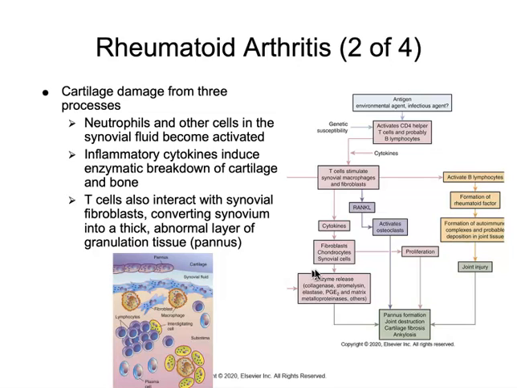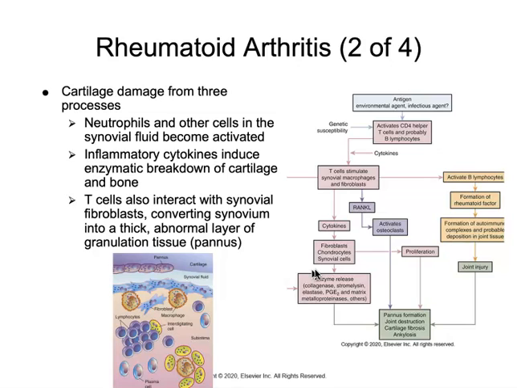And the third mechanism will be our T cell and synovial fibroblast interaction, where our T cells will interact with our fibroblast-like synovial cells. I'll just call this FLS for short, which will undergo pathological changes and become highly proliferative and produce pro-inflammatory cytokines.